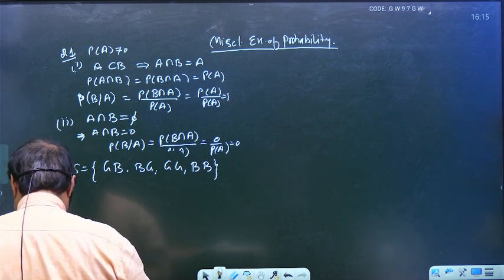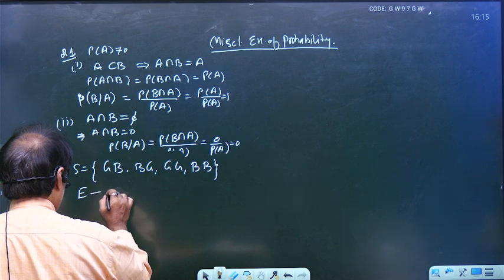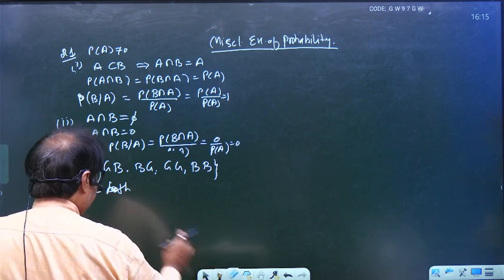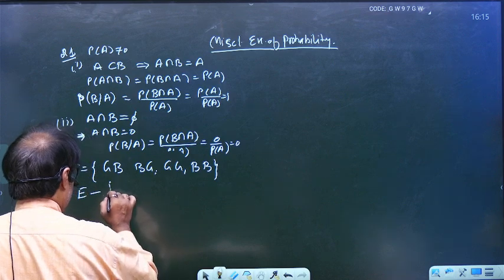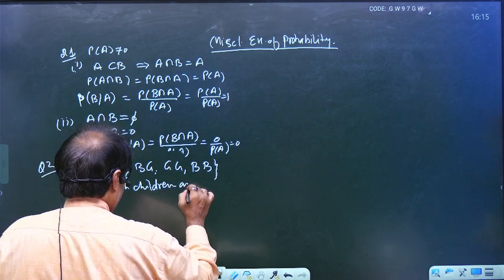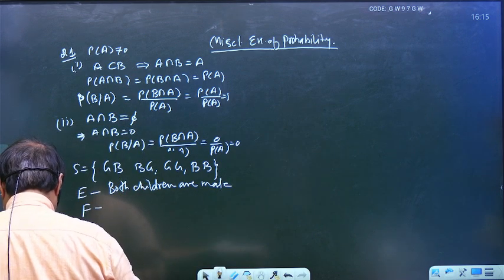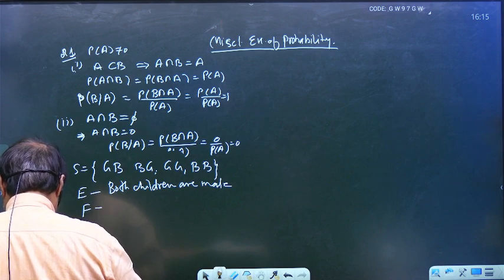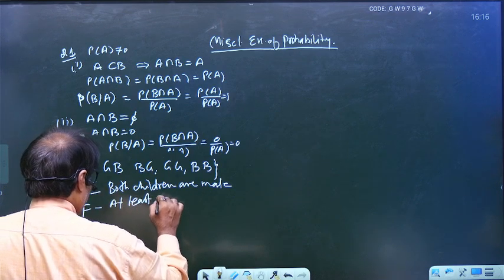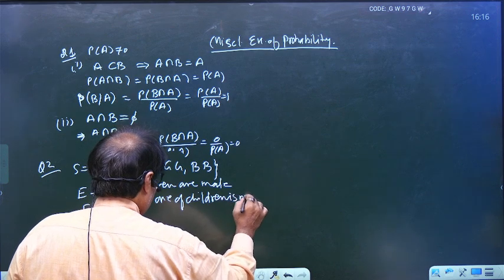So let E be the event that both children are male, and F be the event that at least one of the children is male.